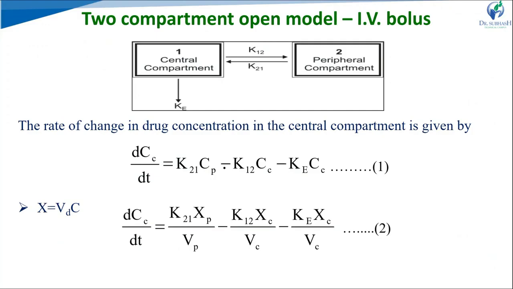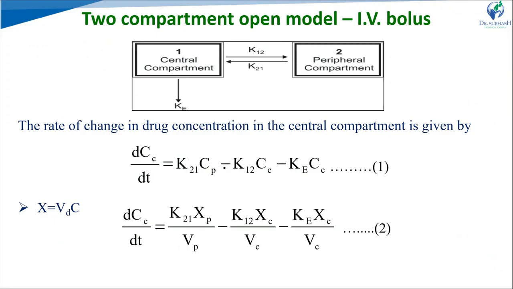Here K12 and K21 are the first order distribution rate constants describing transfer between the central and peripheral compartments. K12 is the transfer of drug from central to peripheral, and K21 is the transfer from peripheral to central. C for central compartment and P for peripheral compartment, so Cc and Cp.